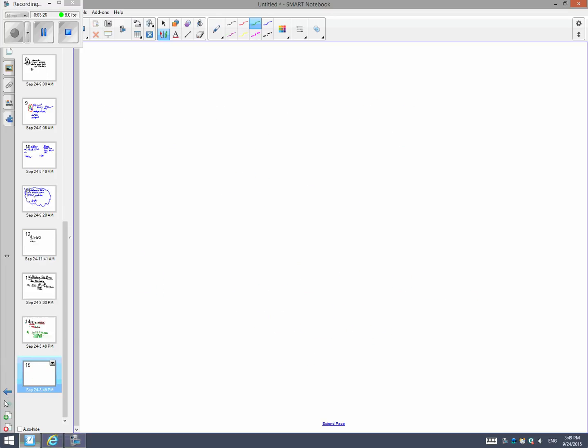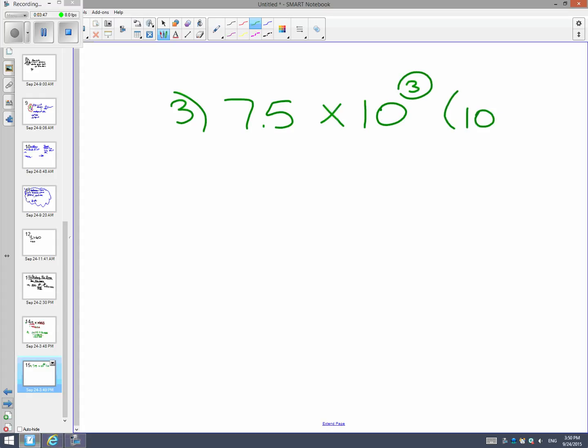Next step, and it's very, very similar, is if I have a number like 7.5, and I'm going to multiply it by an exponential number, still base 10, but let's say 10 to the 3. If you know that 10 to the 3 is really 1,000, and like I said before, that it's just this 1 and this many zeros, then this question becomes no different than what we were doing before.